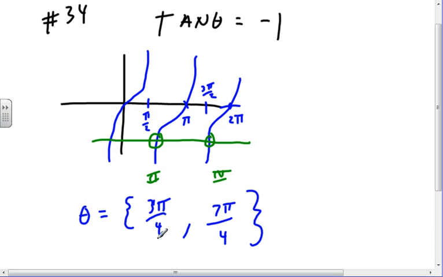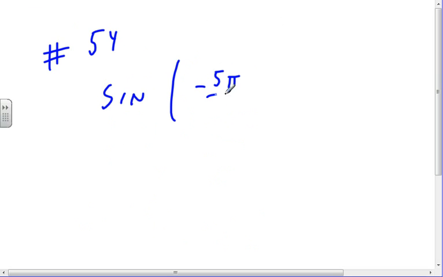Find the value of each trig function to 4 significant digits. Okay, we can do that. Number 54. The sine of minus pi over 6. We can do this one in our head, but we're not going to.